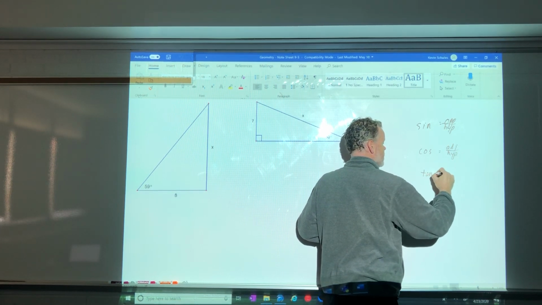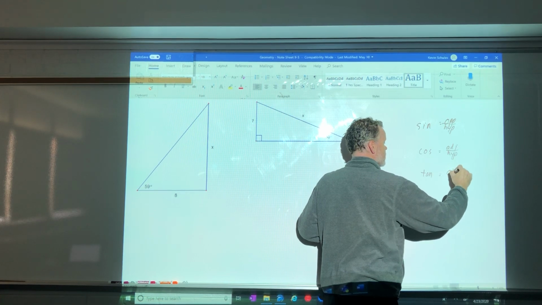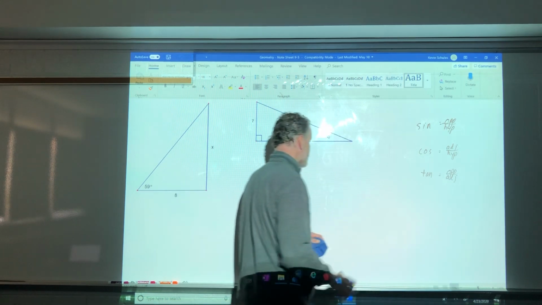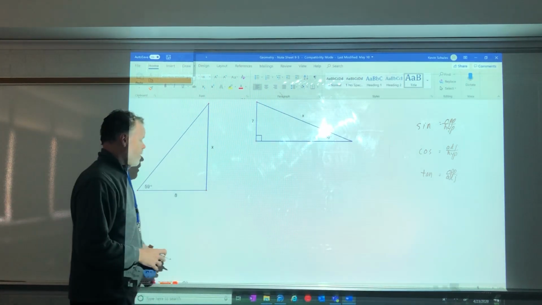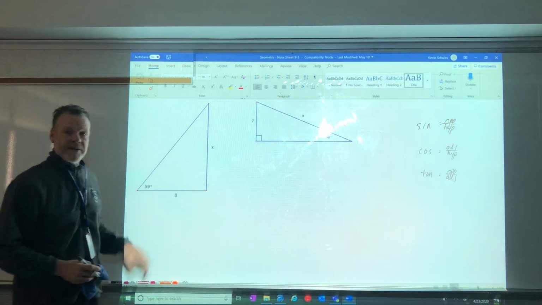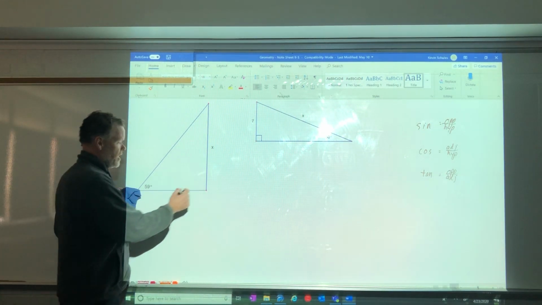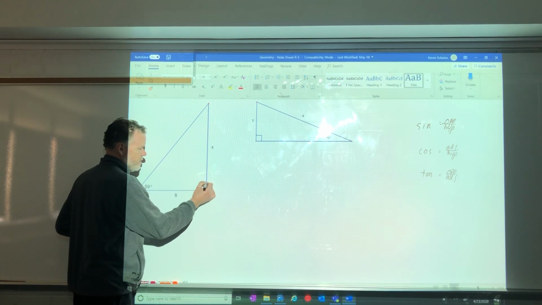Tangent is going to equal opposite over adjacent. Okay, so there are the trig ratios. Now, whatever angle they give you here, that's the angle you're going to use. You can see that one has a box, this is your 90-degree angle.